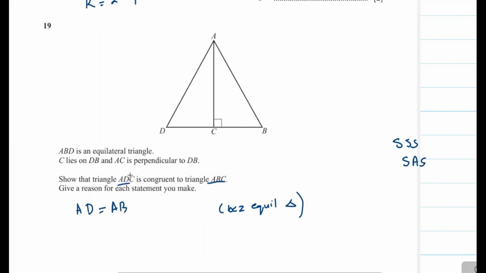Next, you see here AC length is equal to AC. This is the common length between the two triangles. This is common. Next is the angle ACD is equal to angle ACB.